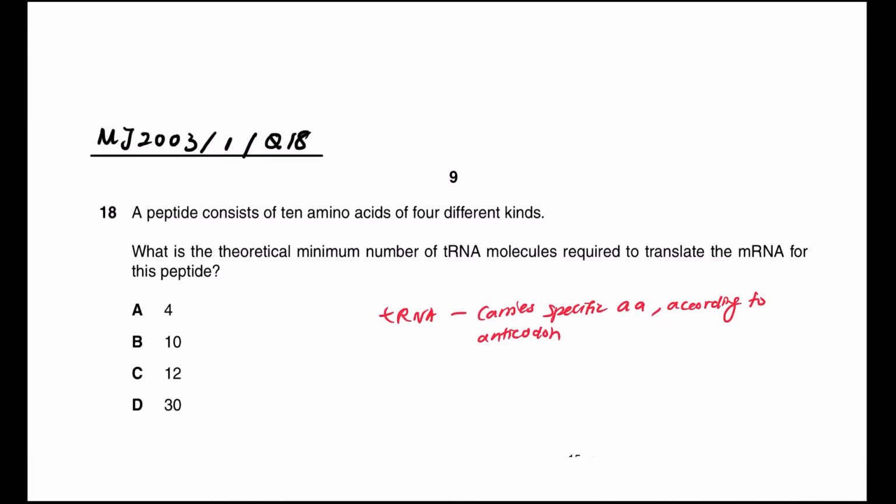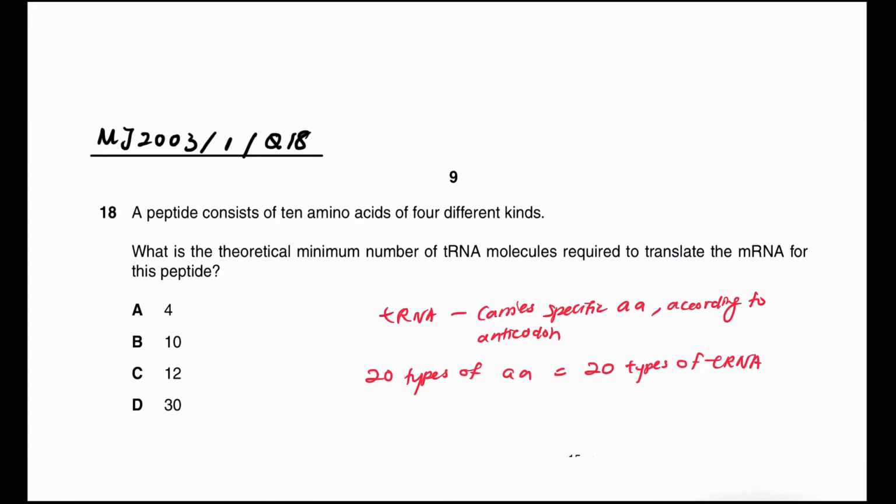So how many different types of amino acids do we have? In total, we have 20 types of amino acid. With this understanding, you will know that inside our cells, we need a total of at least 20 types of tRNA in order to carry each and every one of the amino acids.